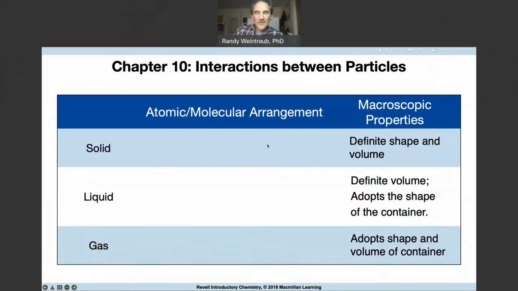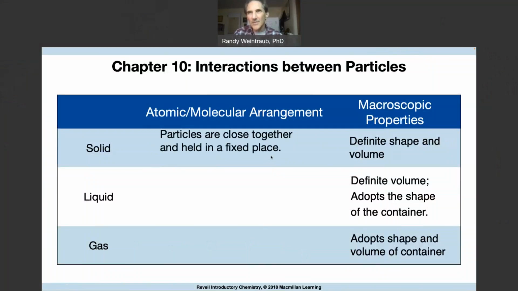We began our study of chemistry looking at bulk properties or macroscopic scale of matter: solid, liquid, and gas. Now we'll look at the properties and implications at the microscopic level, or invisible level, and the arrangement of atoms and molecules.